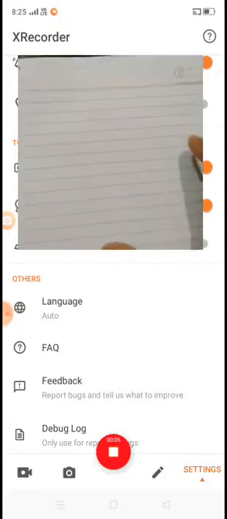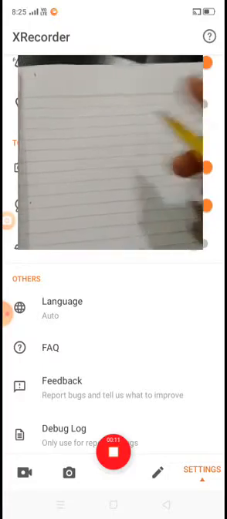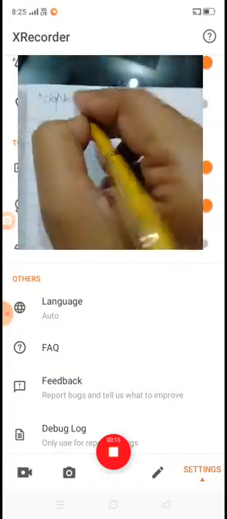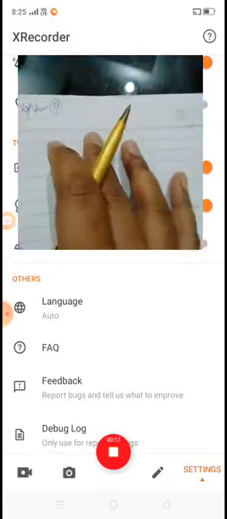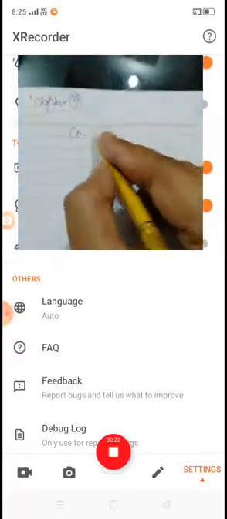Today we start new chapters. Chapter number 4. Chapter 4, Coordinate geometry.